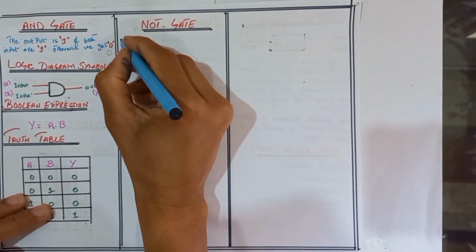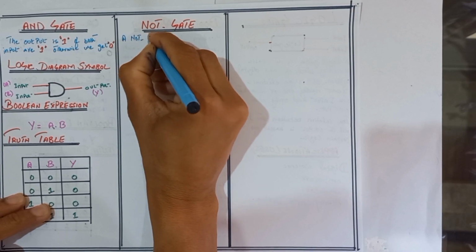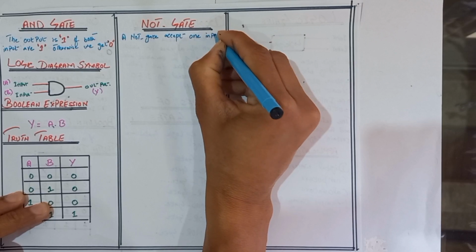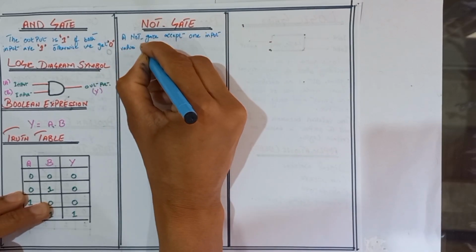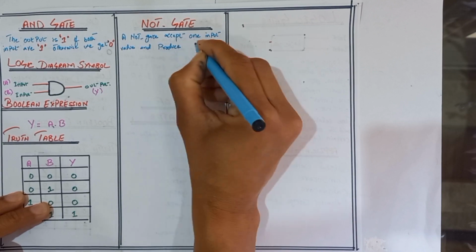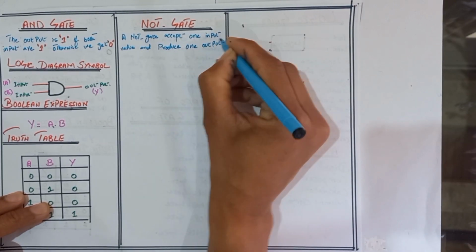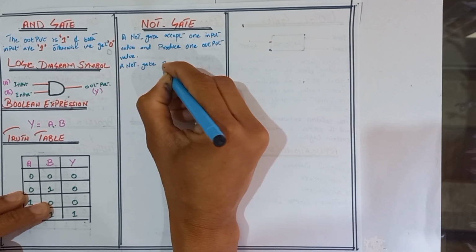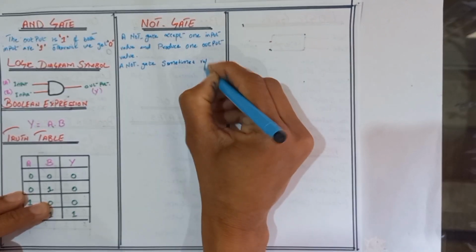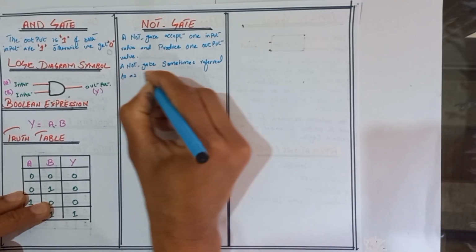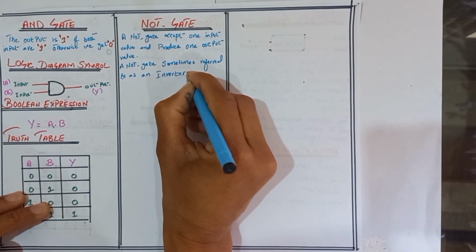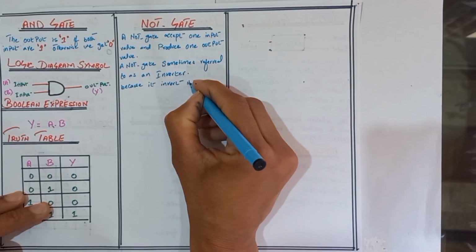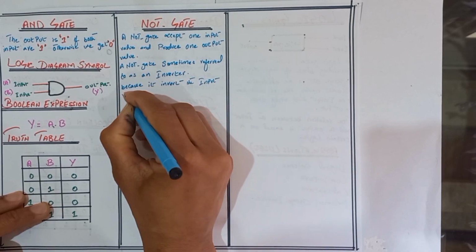Now we discuss the NOT gate. A NOT gate accepts one input value and produces one output value. A NOT gate is sometimes referred to as an inverter, because it inverts the input value.